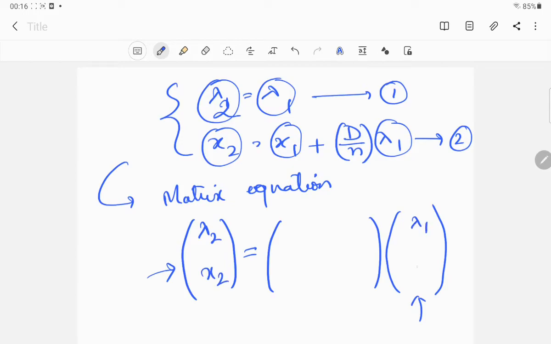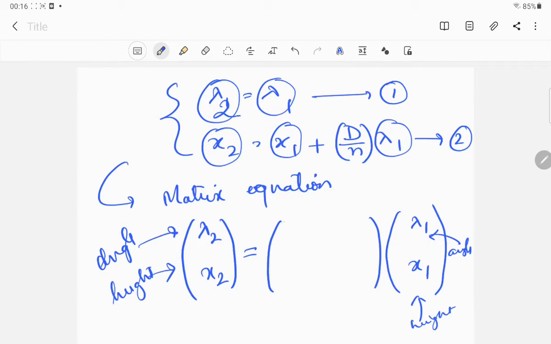Similarly, it is lambda 1 x1. Okay, so it is a combination of angle and height for the second point, and this is the combination of angle and height for the first point, that is the point P.